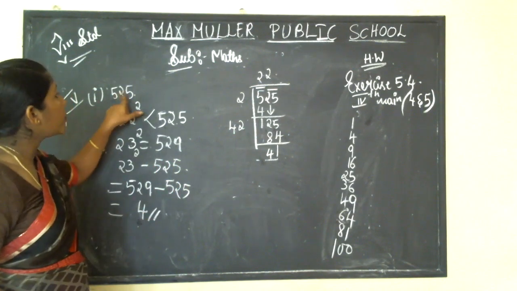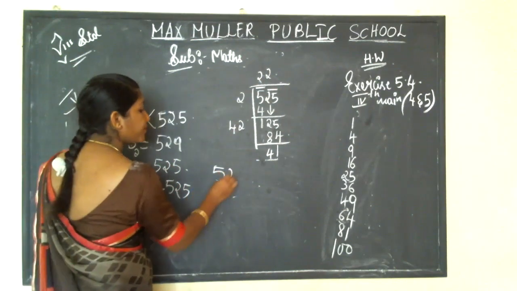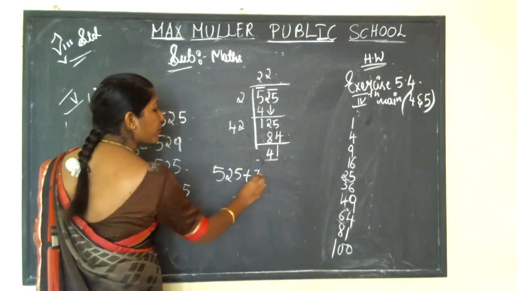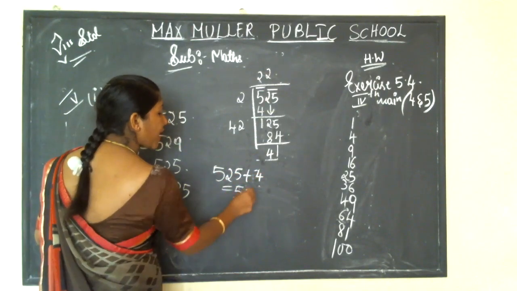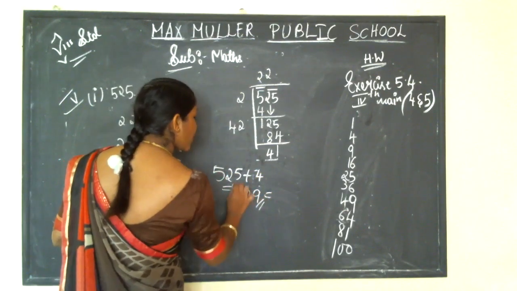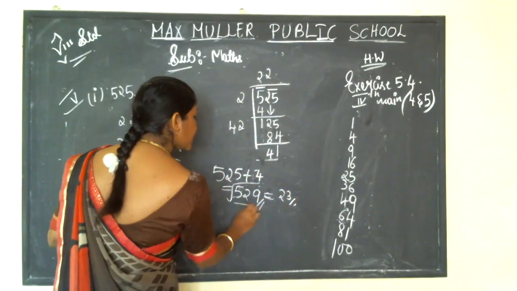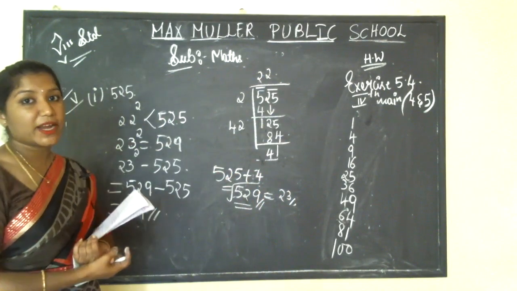If you add 4 to 525, you will get a perfect square number, that is 529. The square root of 529 is 23. This is the perfect square number and the square root that you have obtained.